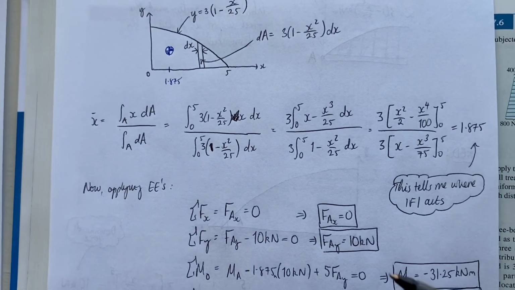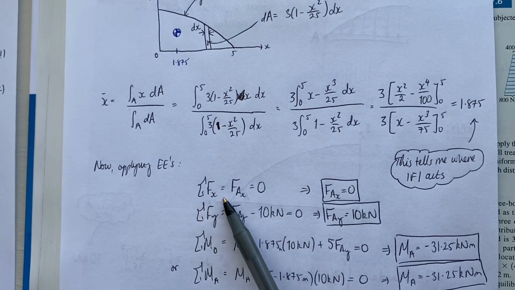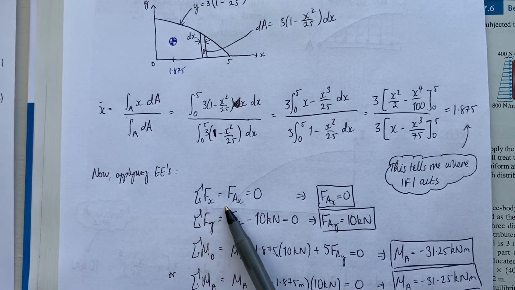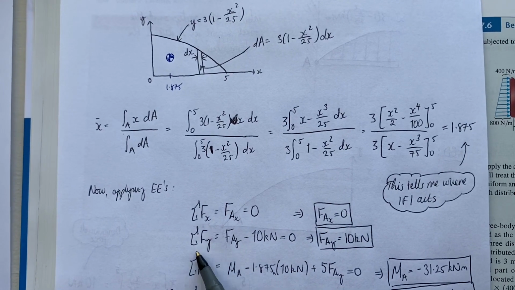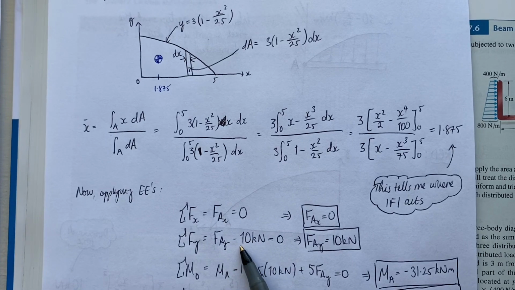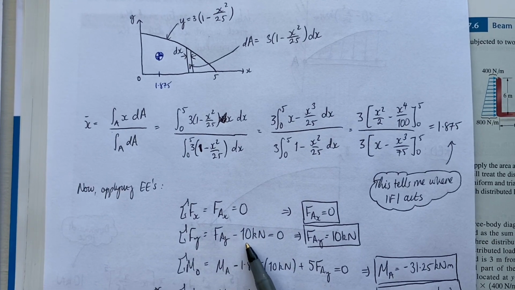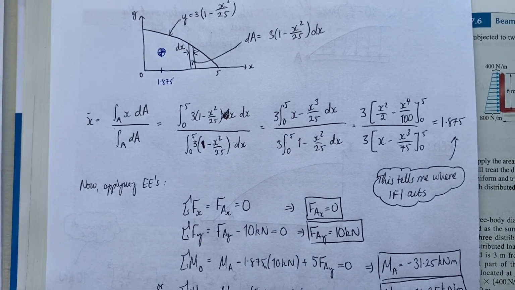If I go ahead and apply the equilibrium equations, I get the same here. Sum of the forces in x is FAX, and that equals 0. I sum the forces in y: FAY minus the magnitude of the force, which was in the downward direction, so 10 kilonewtons.